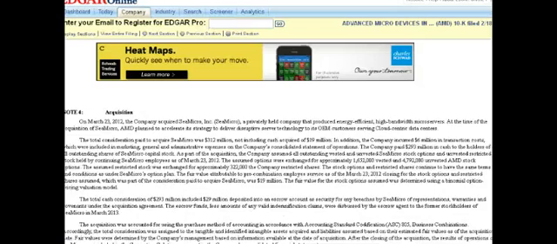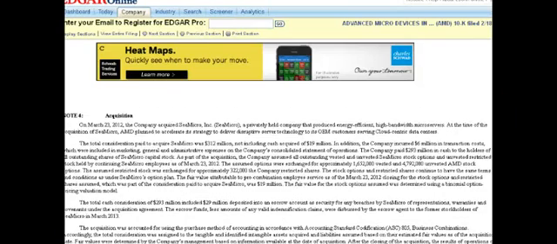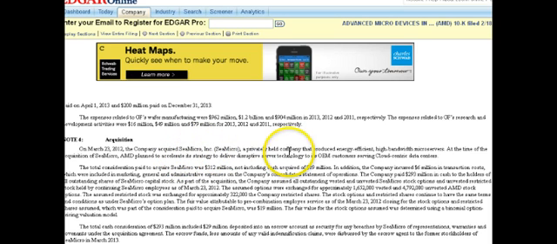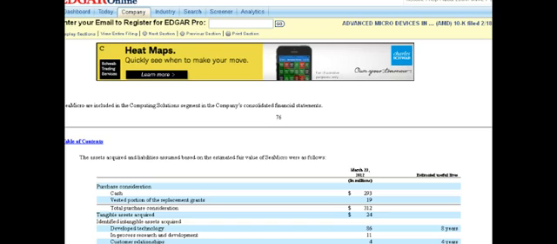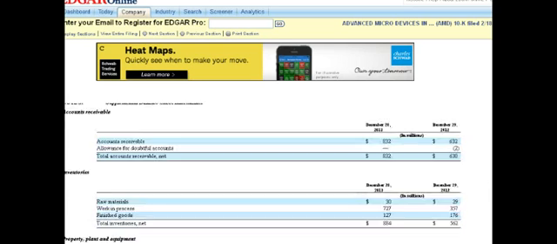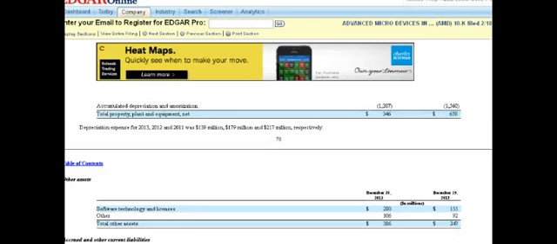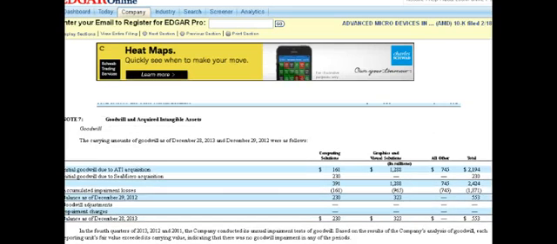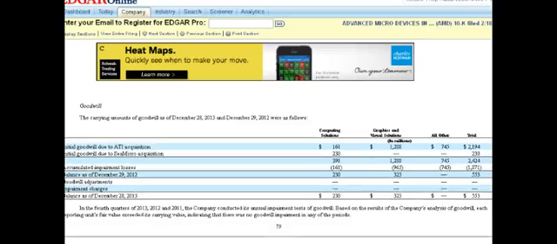This is acquisitions, talks about they acquired C Micro, a privately held company. They paid $312 million for it. FYI, for your information, goodwill and acquired intangible assets.